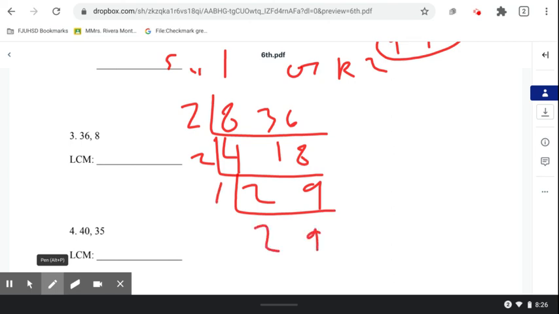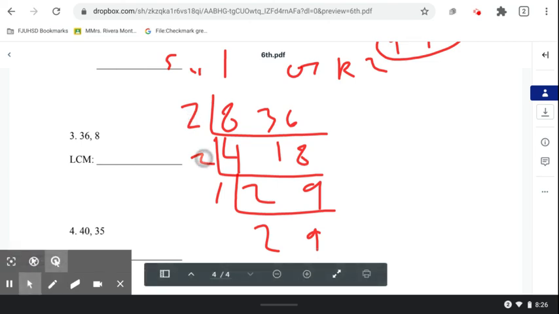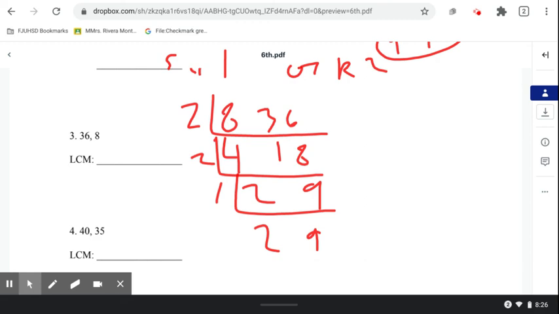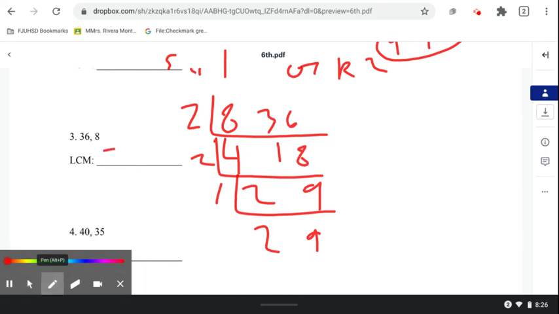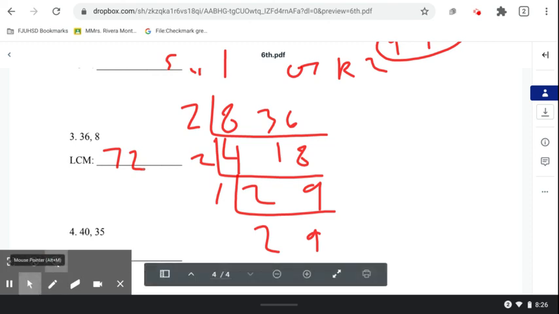And so you multiply everything. 2 times 2 times 1 times 2 times 9 is just 4, 4, 8, and then 8 times 9, which is just 72. So the LCM for 36 and 8 is 72.